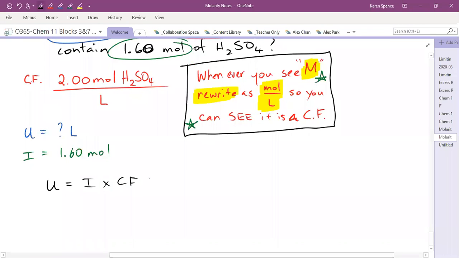So our initial quantity, 1.60 moles, times our conversion factor. We need to cancel moles, and we want to find liters.